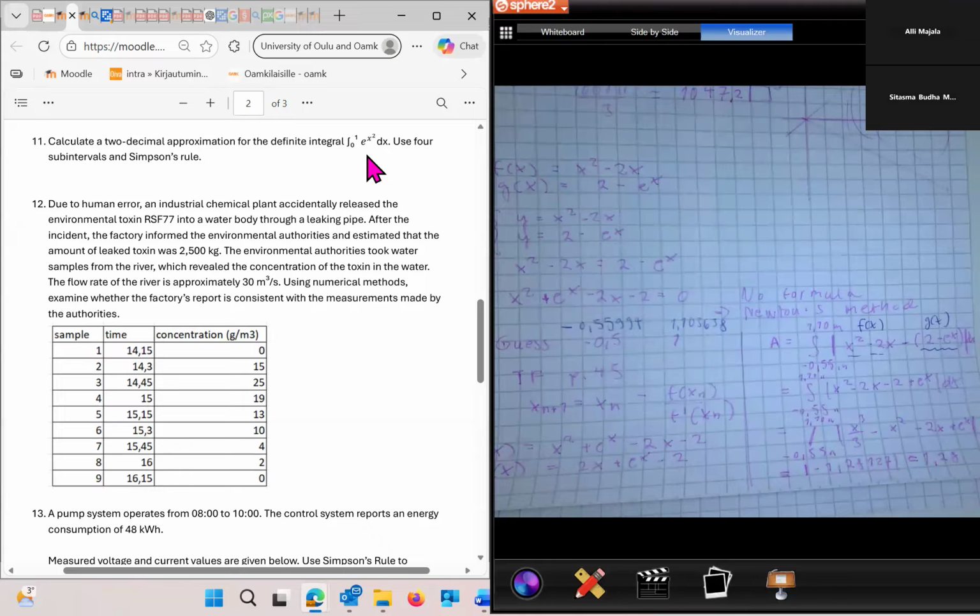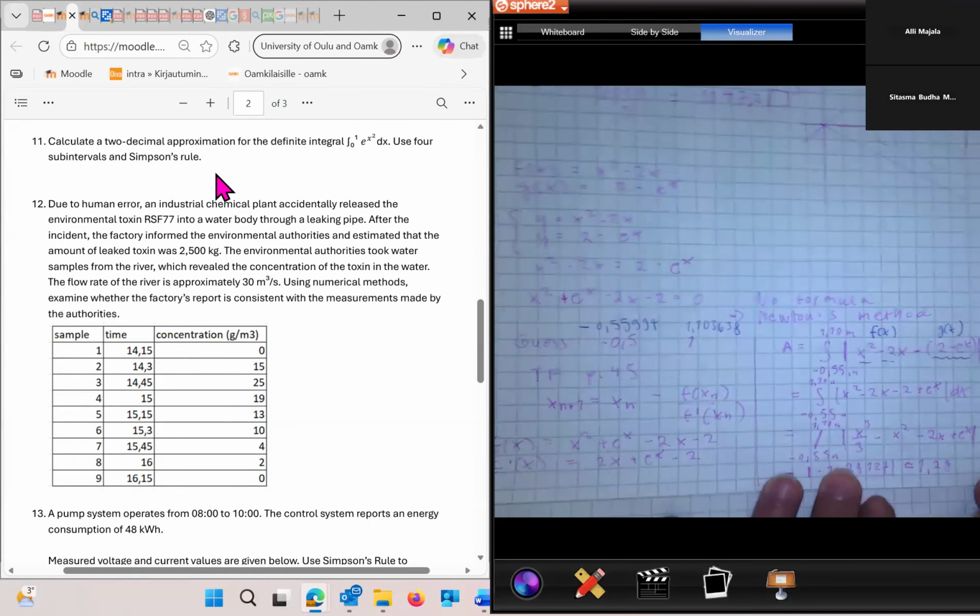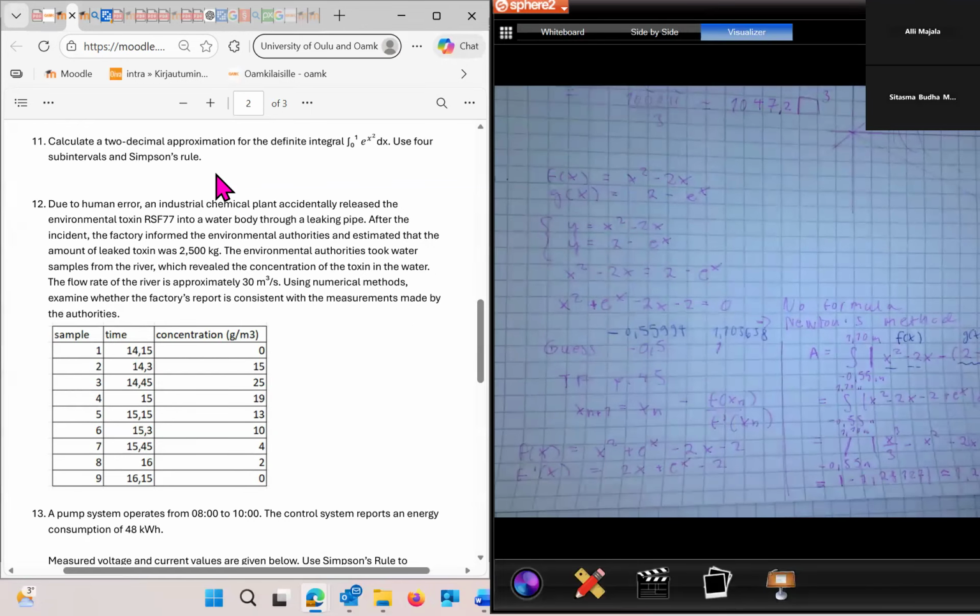So we would need to calculate the value of the integral with Simpson's rule. Does this seem in any way sensible to you?